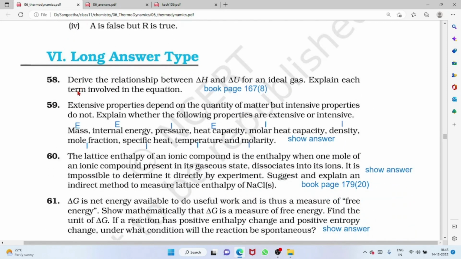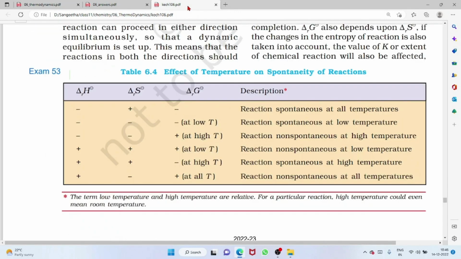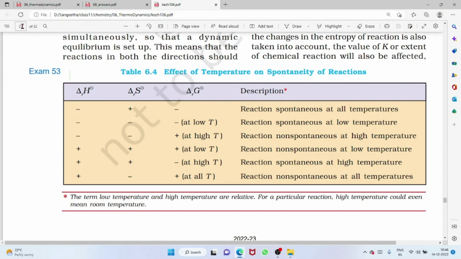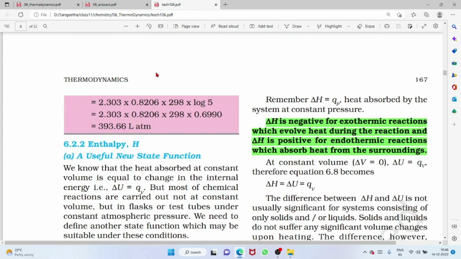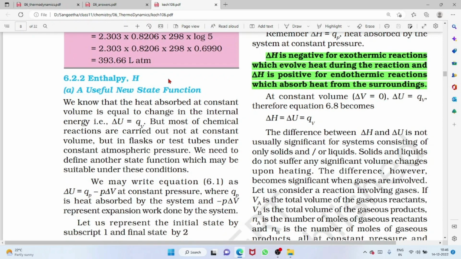Long answer type. Derive the relationship between the enthalpy and the internal energy for the ideal gas and explain the term involved in the equation. Enthalpy and internal energy change.